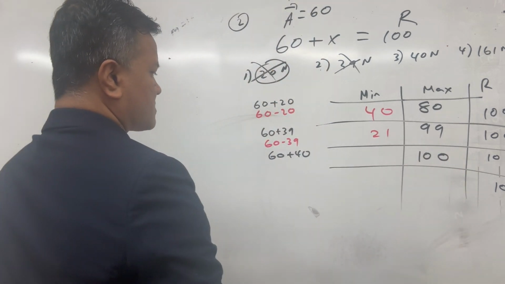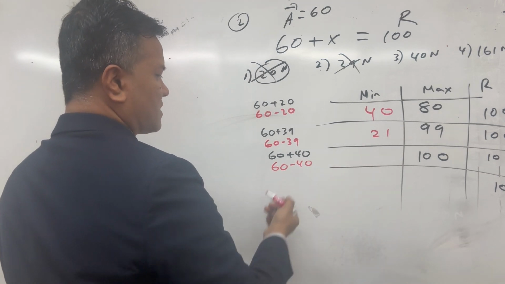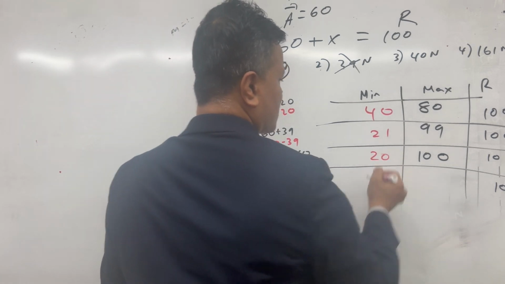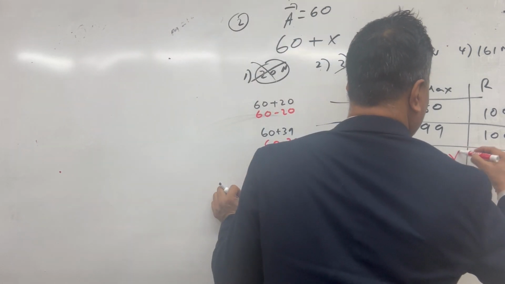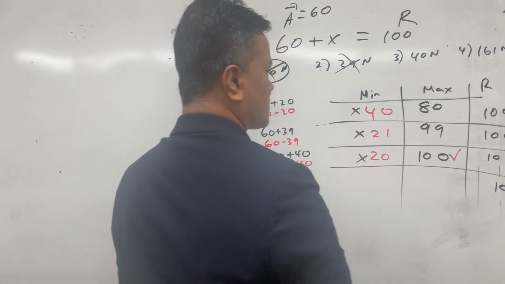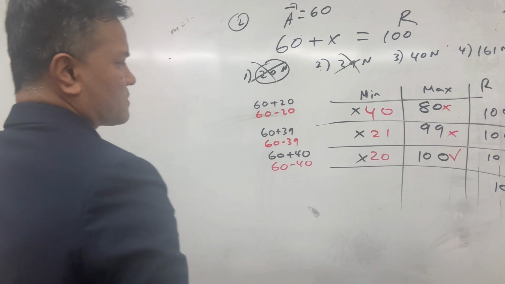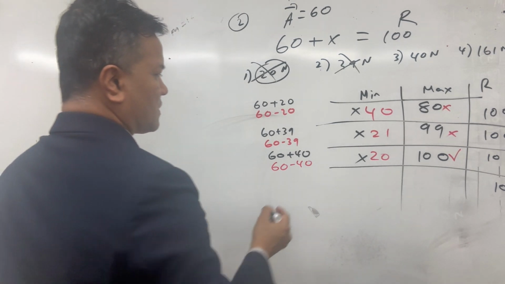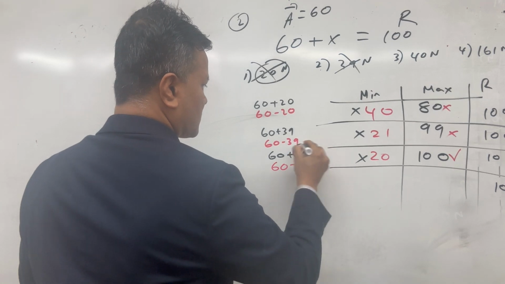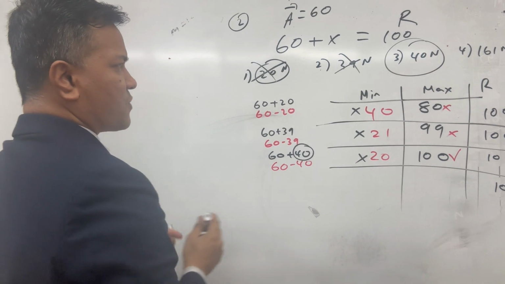And 60 minus 40 is 20. So this one is a check. The others are not good. So far, 40 is good.